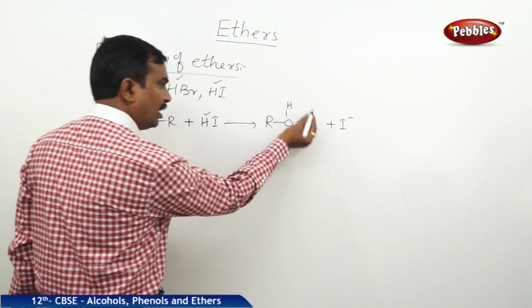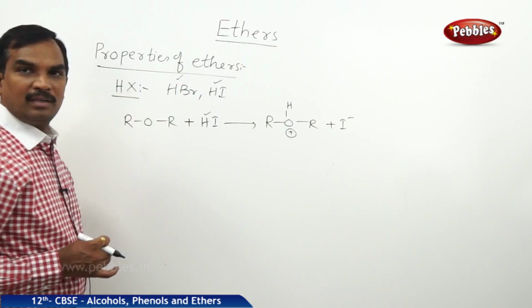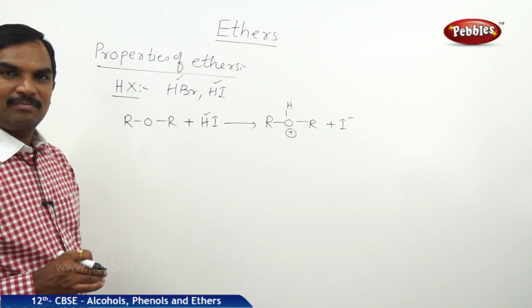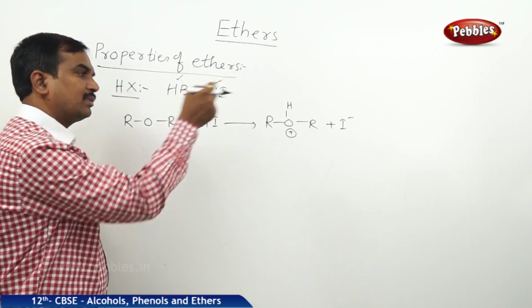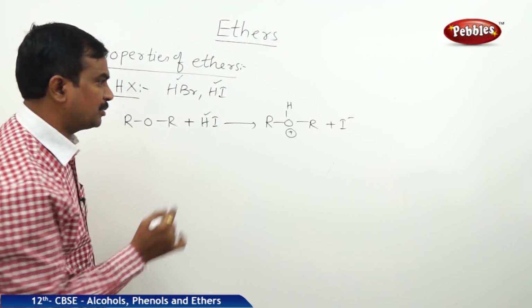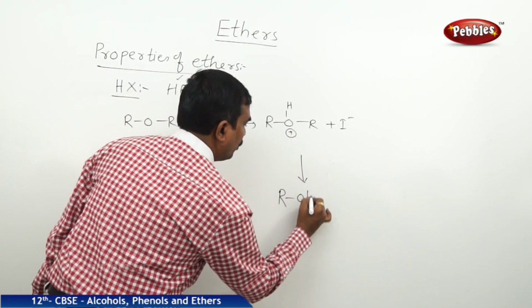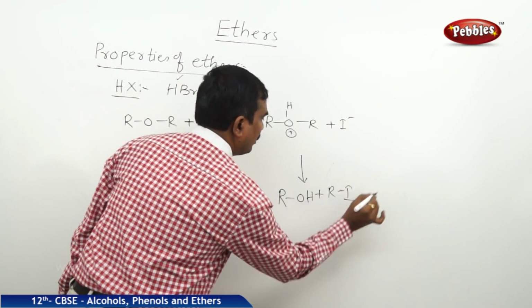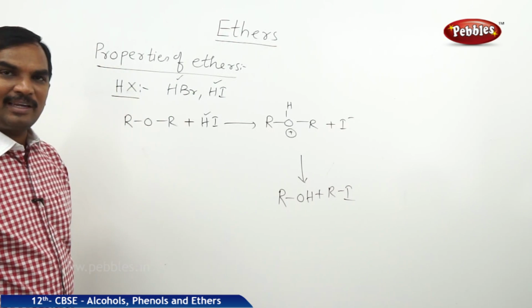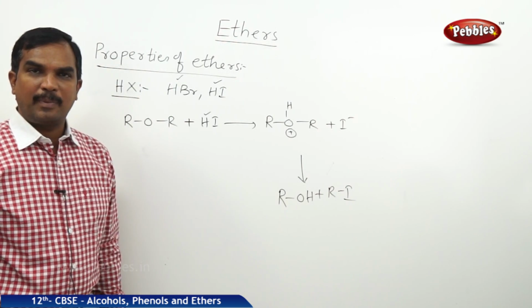Finally this releases R plus. That R plus will react with I minus to give the products ROH and RI. This is how I can expect the corresponding products.